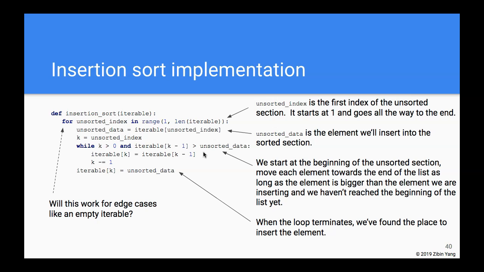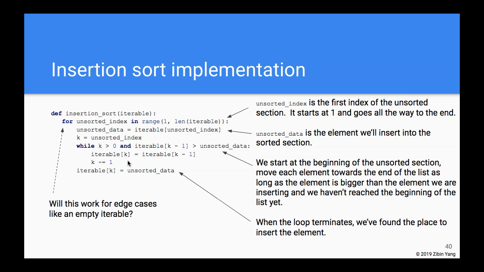So we keep traveling, and if the data at index k minus 1 is greater than the one we're trying to insert, then we pull that data forward 1, so that we create a little gap or hole where we can insert our unsorted data.